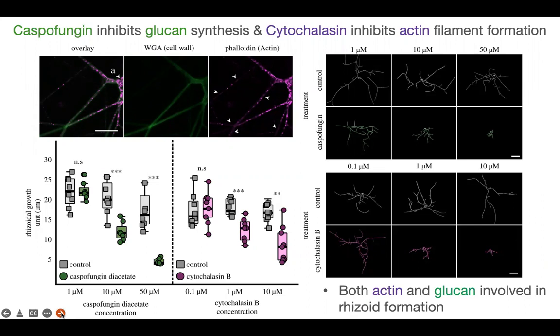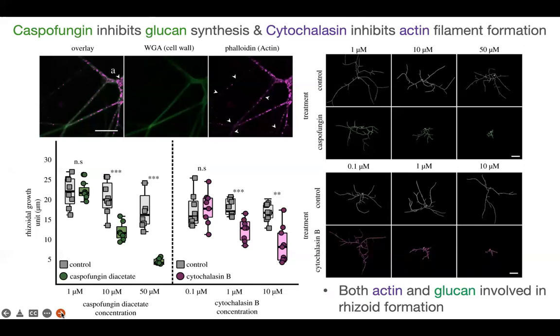So it's been shown with higher fungi that if you inhibit wall production and if you inhibit actin production, hyphae don't form properly, and that tells you something about how hyphae form. They need the wall and they need actin. And we found virtually the same phenotype in the chytrid rhizoid.